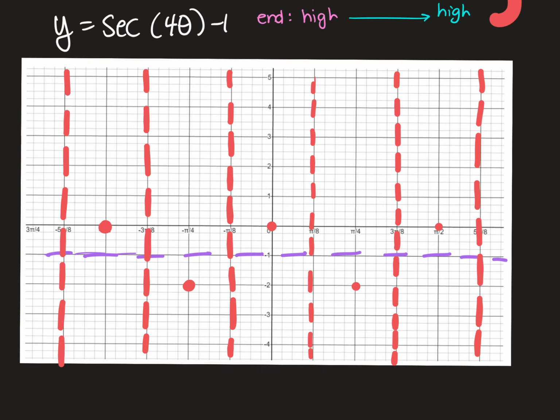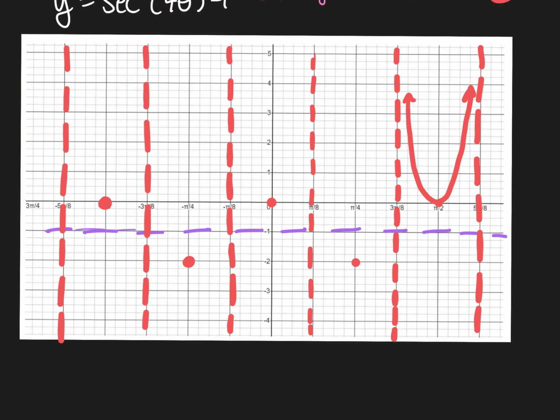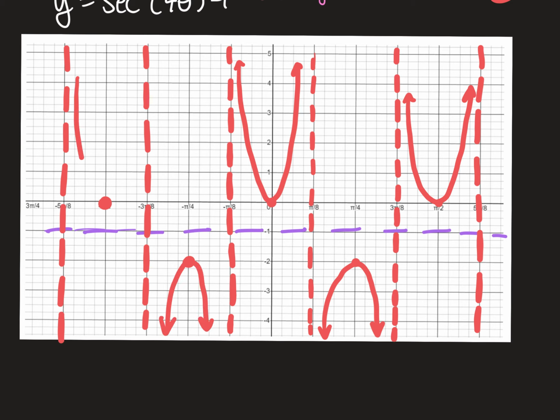That means this guy is going to point up, away from the midline. Okay, and I'm just going to fill in all of these little parabola-looking things, being careful not to go through any asymptotes. Also being careful to make sure they look curvy and not pointy, as much as I can. I know, like I said, on Go Formative, that can be a little tricky.